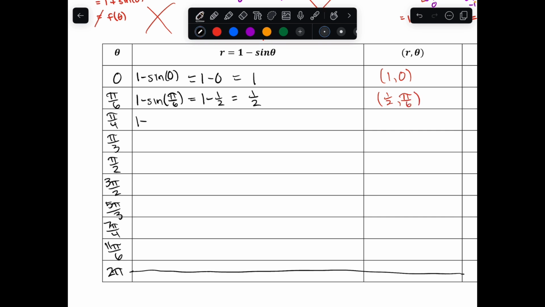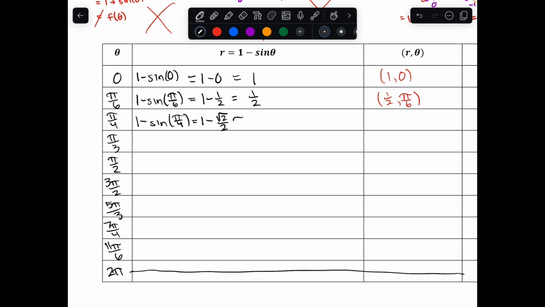Then we have 1 minus sine of pi over 4. Now sine of pi over 4 is the square root of 2 over 2. So we get 1 minus the square root of 2 over 2. Now if you have a calculator and you're actually allowed to use it, this is no problem. Plug it into a calculator and you'll get an exact value. But if you don't have a calculator, the square root of 2 is about 1.4.